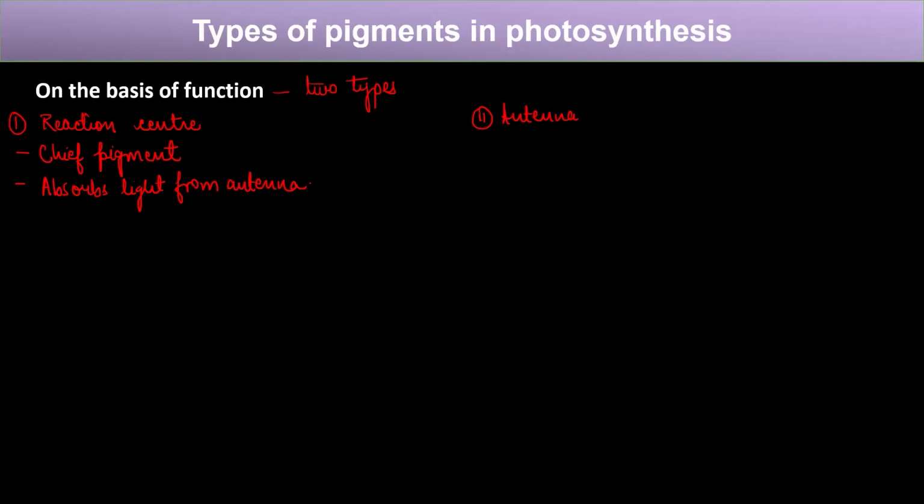Because in the last lecture, we saw that pigments undergo excitation by absorbing light. They excite their electron, and when this electron comes back to the ground state, they release energy, either in the form of light or heat. They also give light of different wavelengths, which is responsible for different colors. So the chief pigment absorbs light from the antenna.